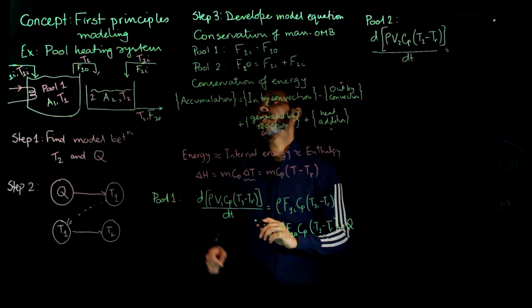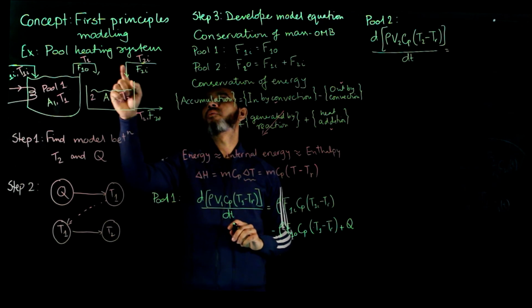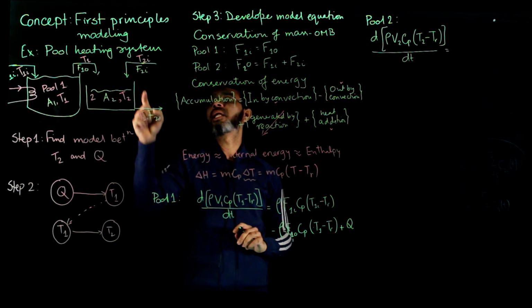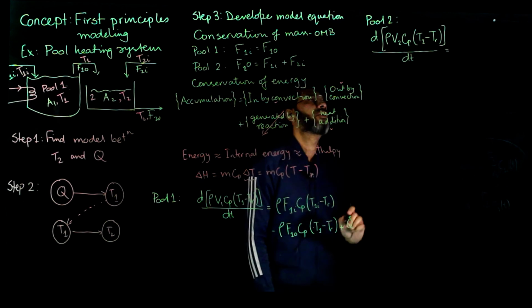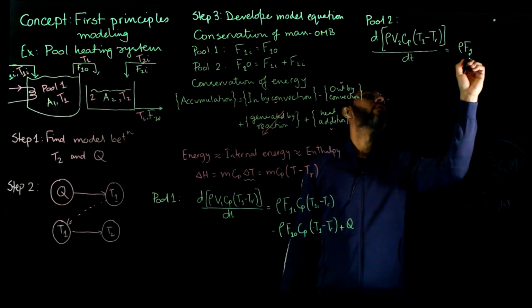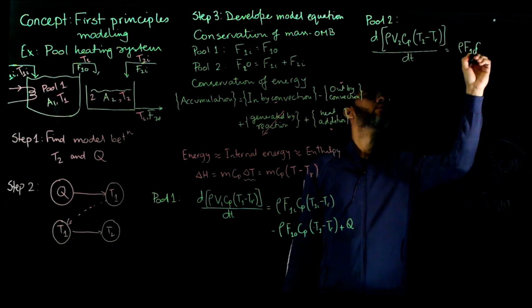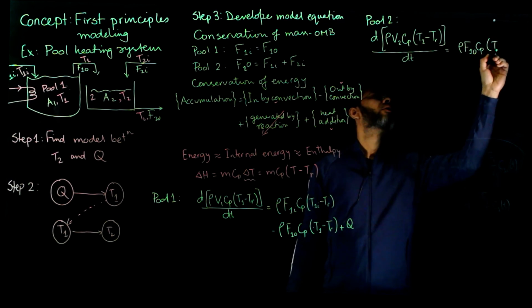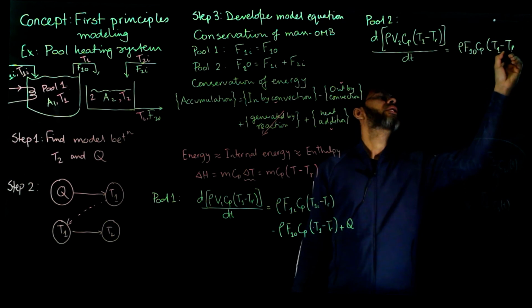Okay. So there are 3 streams here, 2 coming in, 1 going out. The first one will be rho F1o Cp (T1 minus Tr).